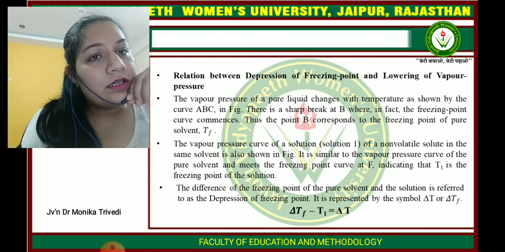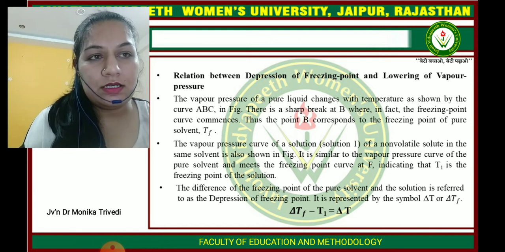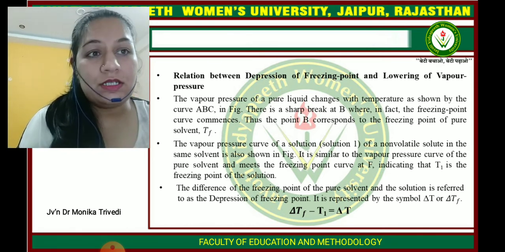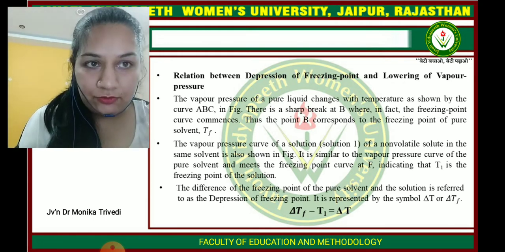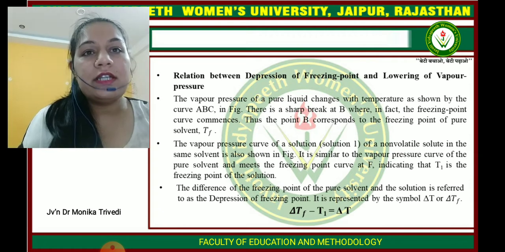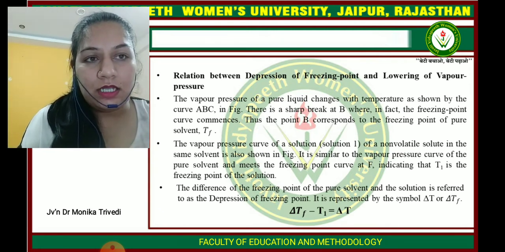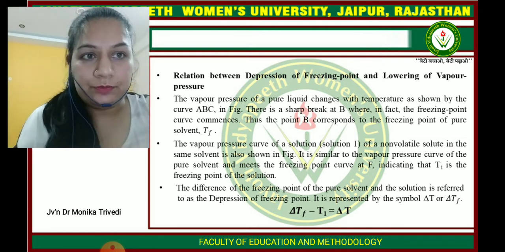The difference between the freezing point of the pure solvent and that of the solution is referred to as the depression of freezing point, represented by del T or del Tf. So del T equals Tf minus T1.